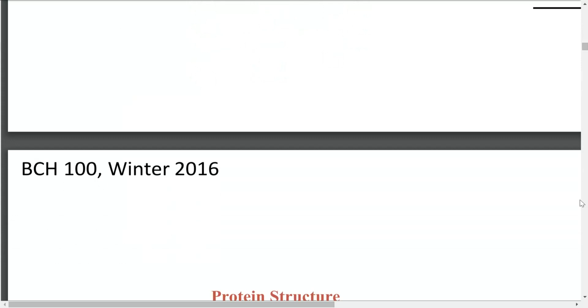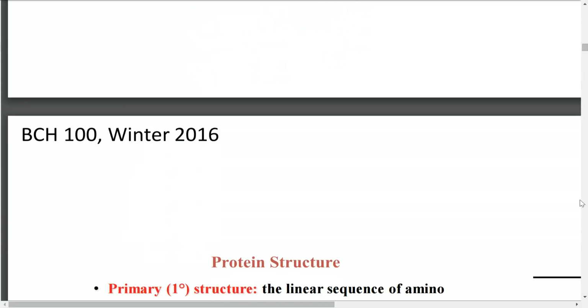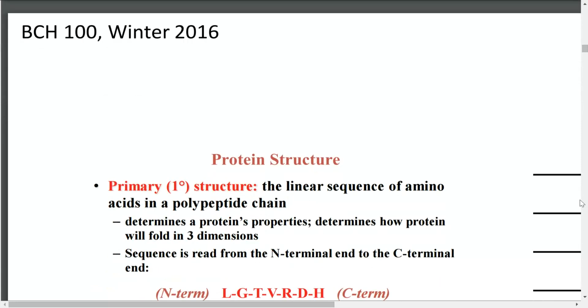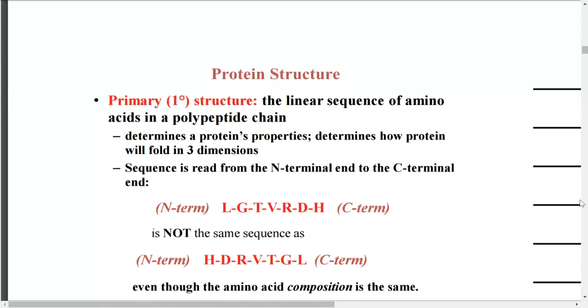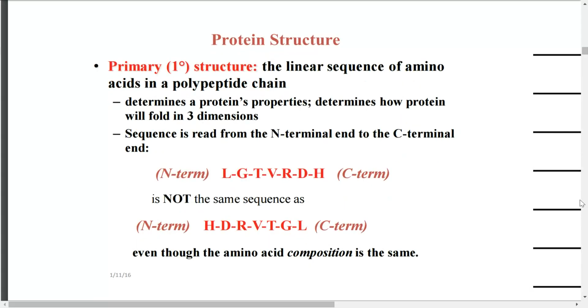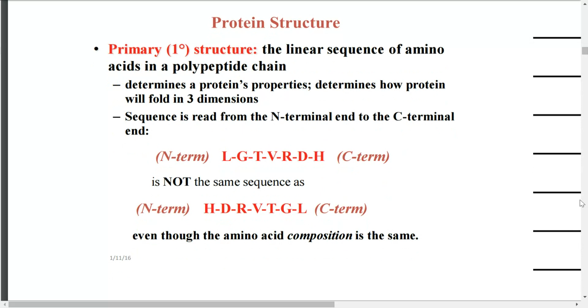Here we have leucine, glycine, threonine, valine, arginine, aspartic acid, going from N to C.